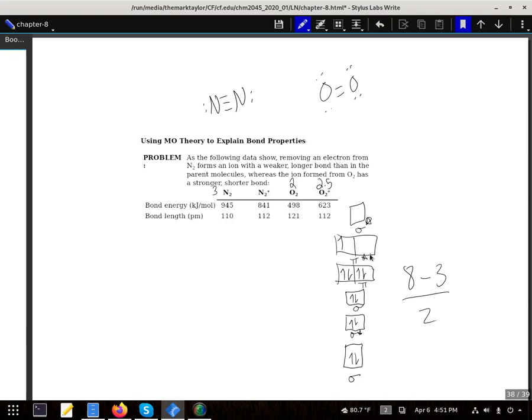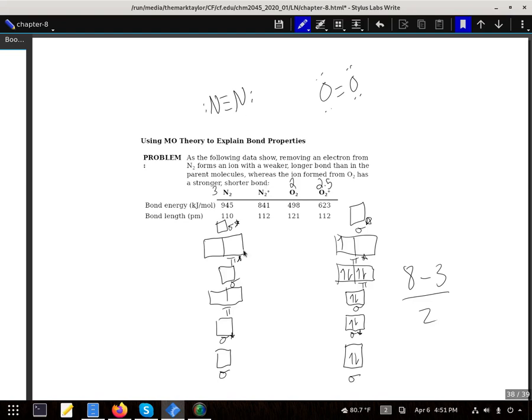Now, nitrogen has one minor difference when we start filling up the boxes. We're going to have our sigma and sigma star, but we're going to fill a pi orbital before the sigma because this has fewer electrons. Then we have our sigma star and our pi star. And we have 10 electrons together.